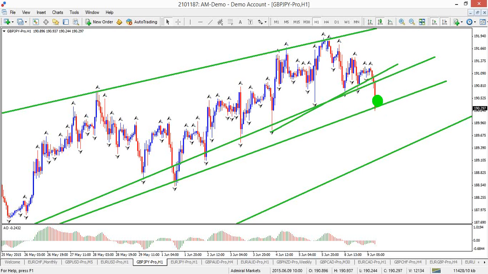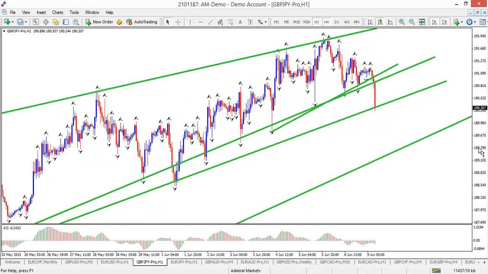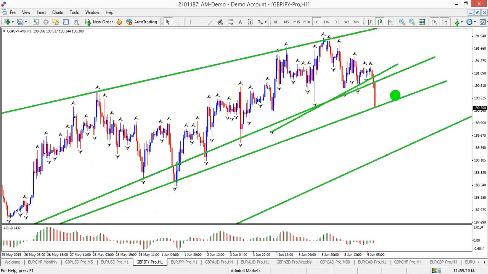Now, this particular trend line, let's talk about that one. How strong is it? We do have 3 touches. What personally I don't like about it is, if you look at the 1-hour chart, you can clearly see that this is breaking more recent trend lines, which probably have more importance on the current market.